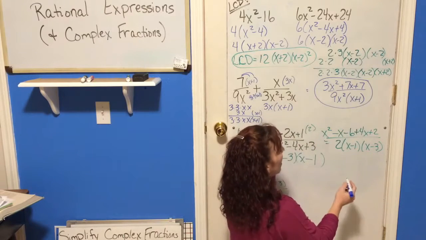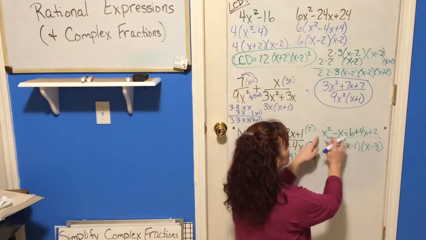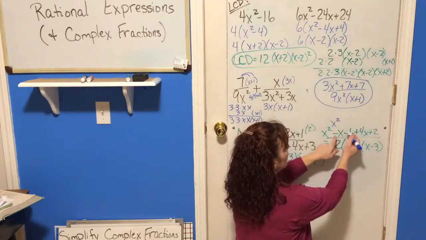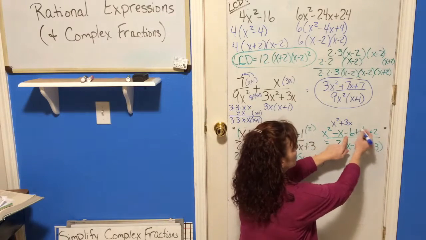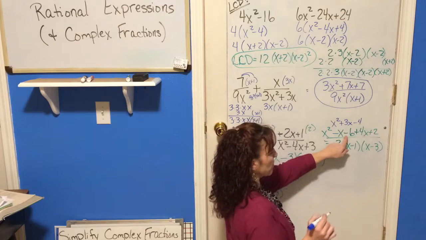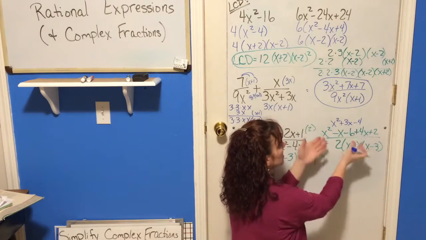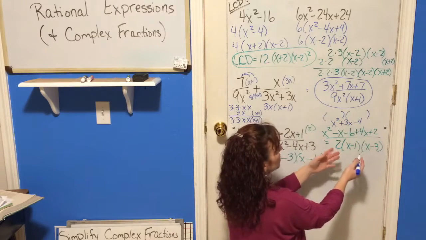All right, so now I'm just going to combine it right up here for space's sake. So I've got the x squared, and then 4x minus 1 is plus 3x, and then negative 6 plus 2 is minus 4. Do you see what I'm doing? I just combined the x's and the constants, and now I'm going to factor to see if I can reduce at all.